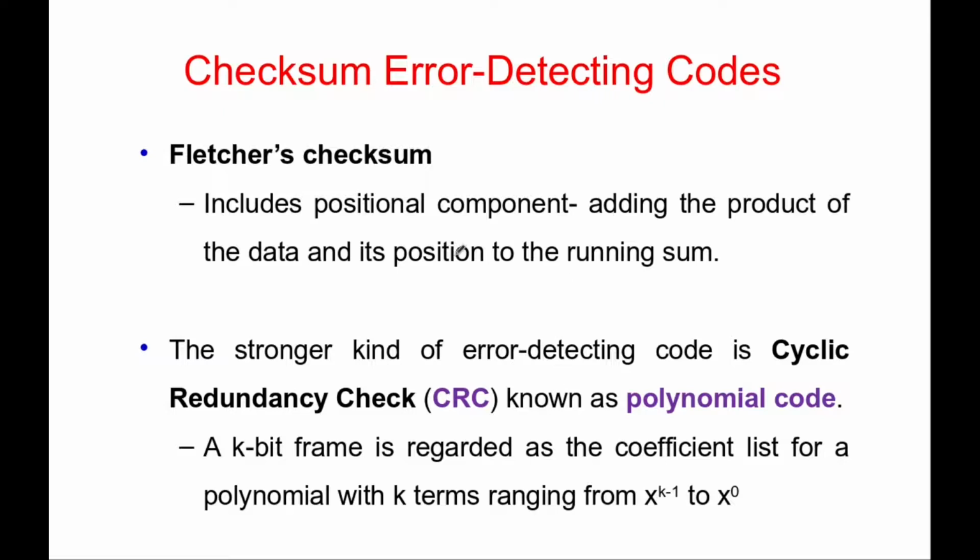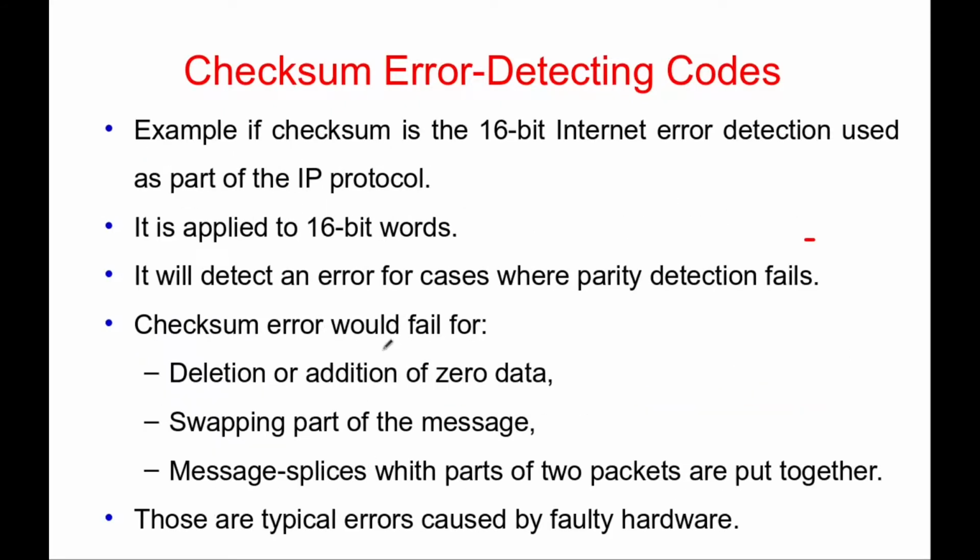As we have seen IP checksum, the second checksum method is Fletcher's checksum. It is due to Fletcher. Now that includes a positional component. Previously we have seen that the IP checksum cannot detect when the parts of the message itself are swapped, so their positions are swapped.